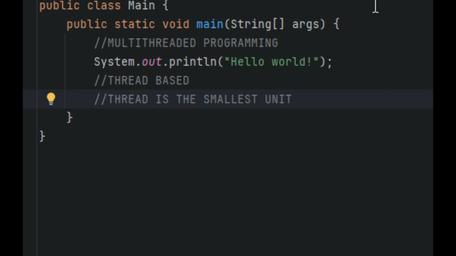Thread-based multitasking basically means that we can have a single program that is able to perform two or more tasks simultaneously. For example, you have a text editor, you are formatting text, and at the same time that text editor is printing something.